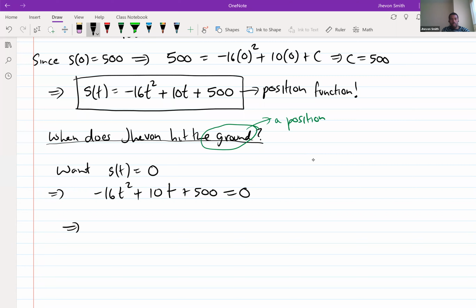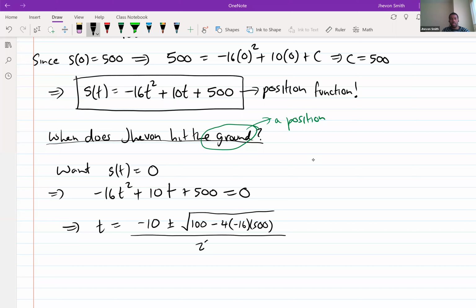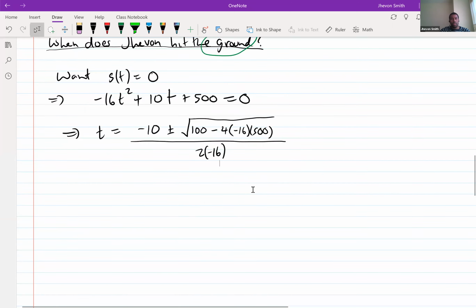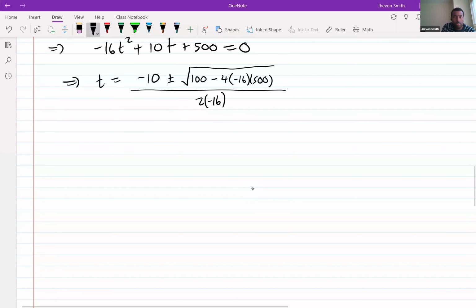So your t would be minus b. I didn't even check if this factors. It probably does factor. Does that factor? Yeah. Minus b plus or minus the square root of b squared minus 4 times a times c, all over 2 times a. So you would have two options here.